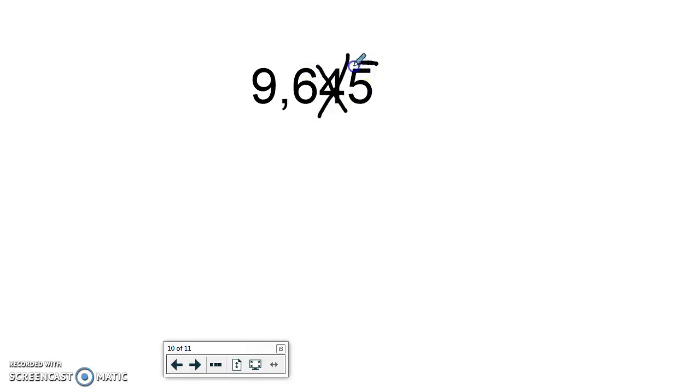You should have circled the 5, digit 5 in the ones place. Put a square around the digit in the thousands place. You should have put a square around the 9. And draw a line under the hundreds place. All right, good job.